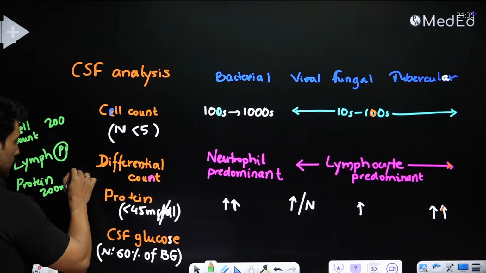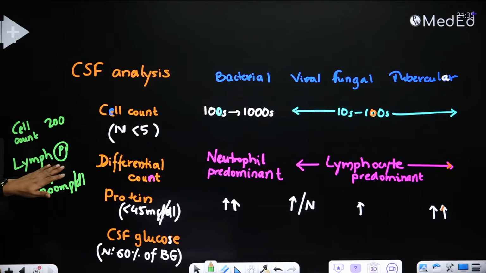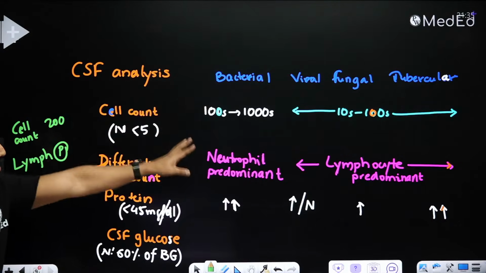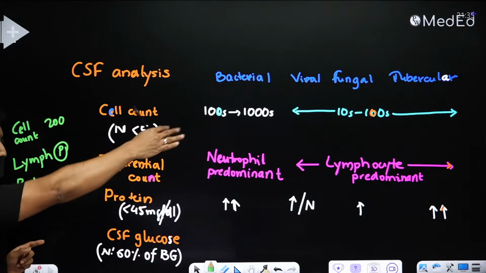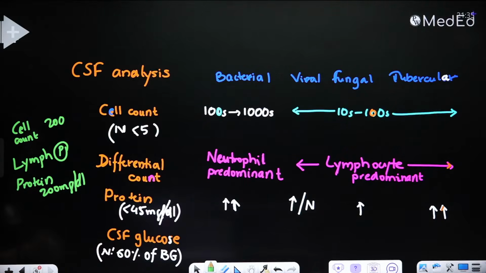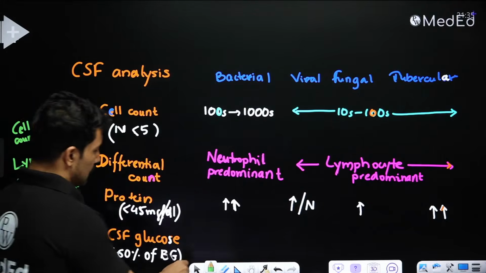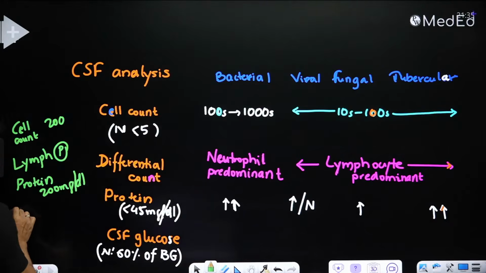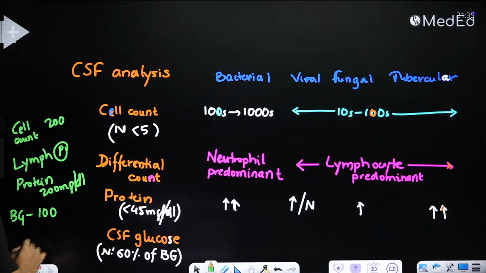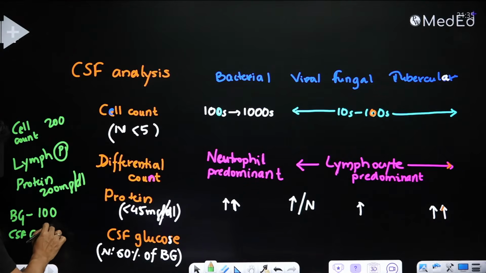So it is increased but doesn't help me to rule out. When I say lymphocyte predominant, we are not considering bacterial anymore. We are thinking of other possibilities, viral, fungal and tubercular. Now CSF glucose, here let us say the blood glucose is 100 and CSF glucose is 0, not detectable.